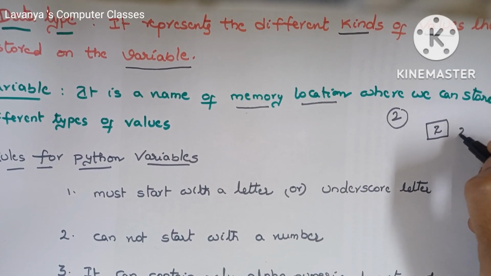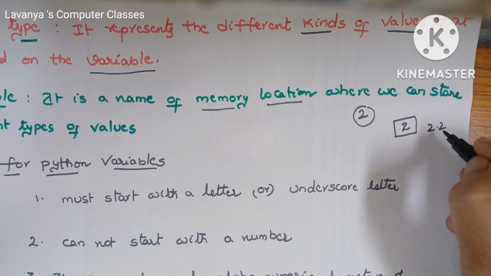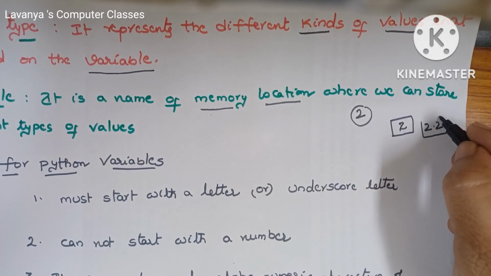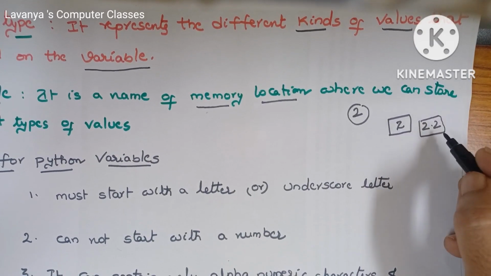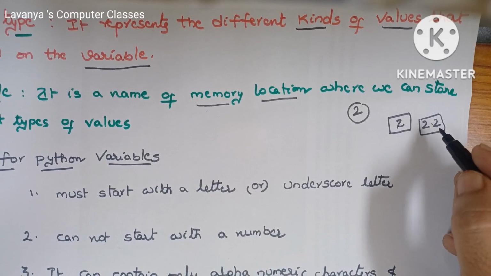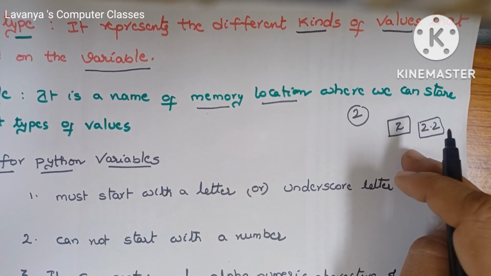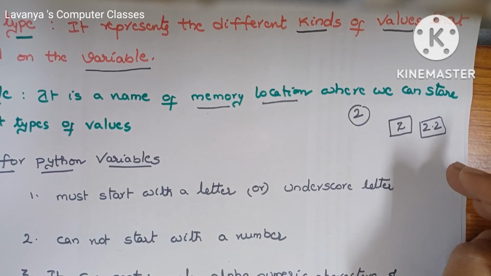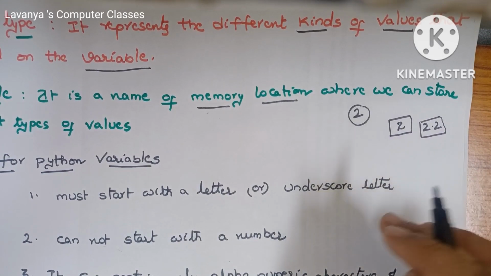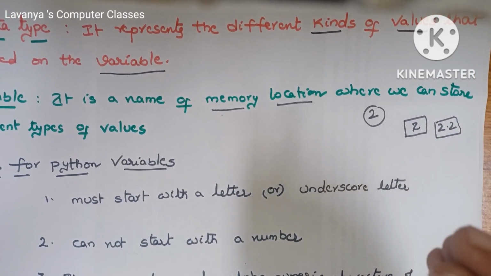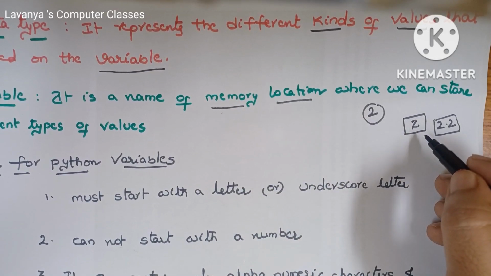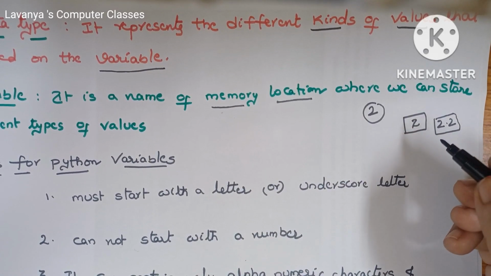And 2.2 is also stored somewhere, so we need some other memory location, and in that memory location we store 2.2. But how can you identify where the 2 is located and where the 2.2 is located? For this identification we need some name for each memory location, that is called an identifier.